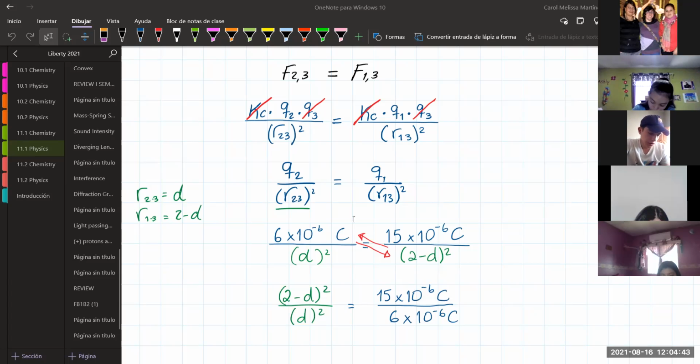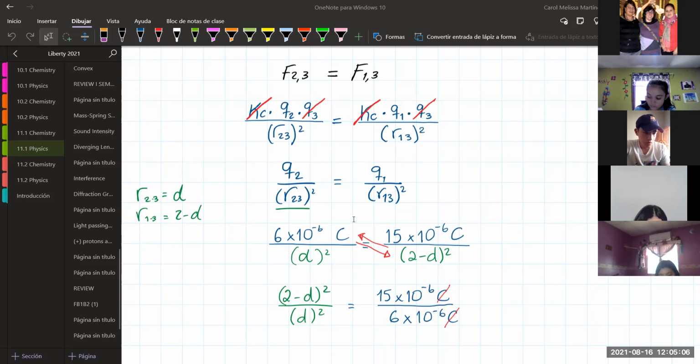Now take a look at what I'm going to do. Here I can cancel the units, coulombs, but I'm a lazy person. I see that the exponential part of the scientific notation is the same, okay? So I'm a lazy person.